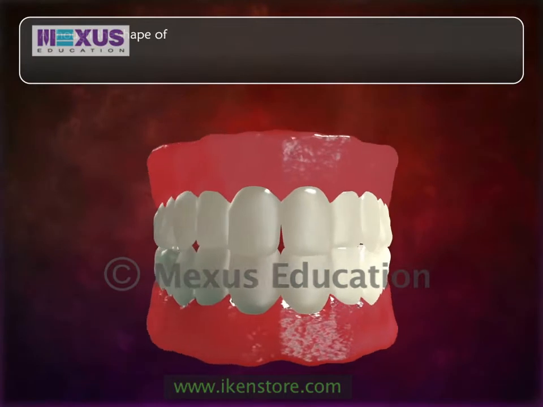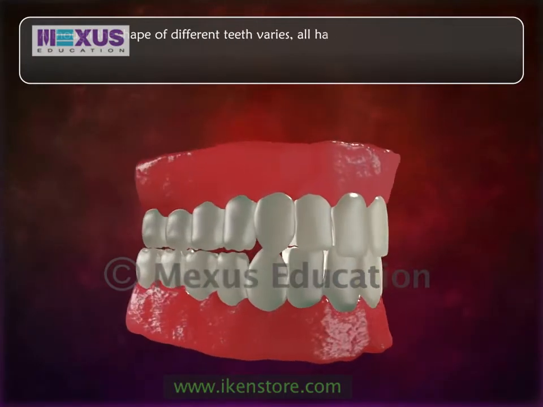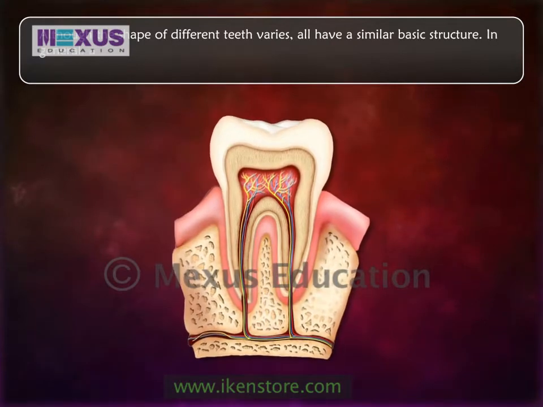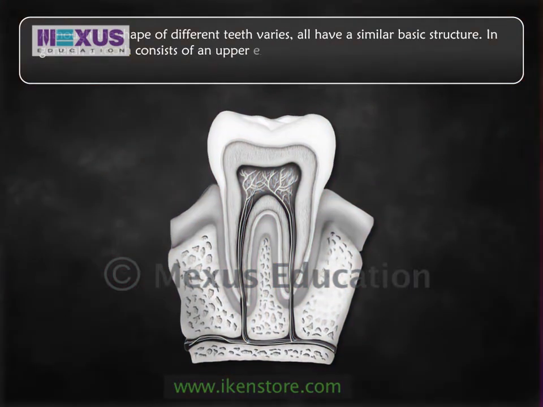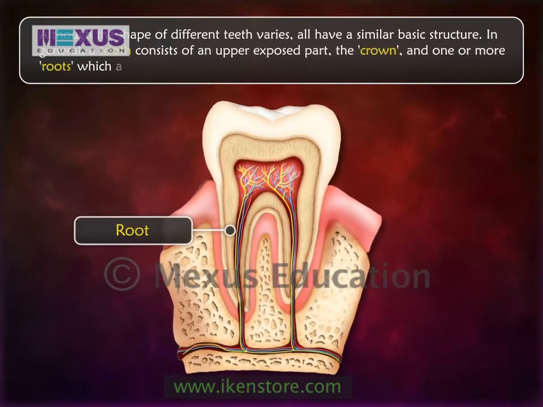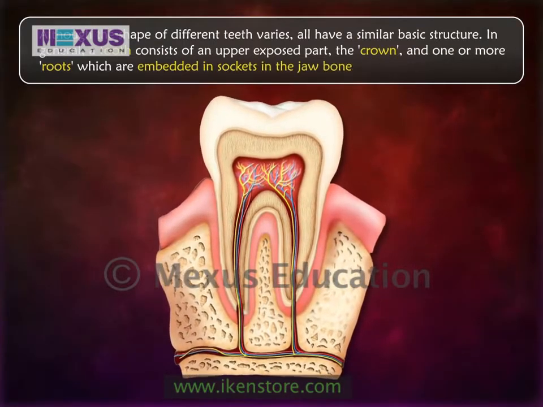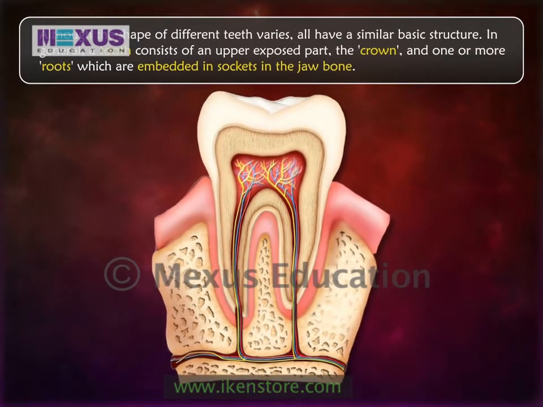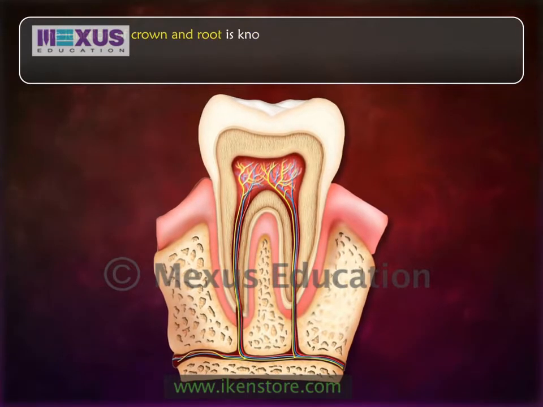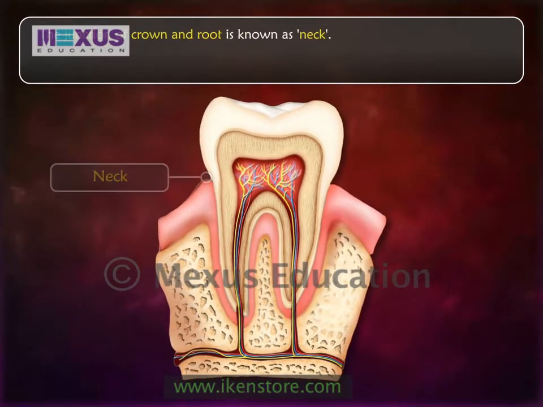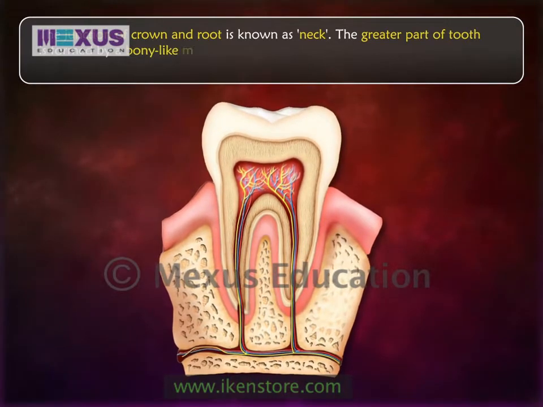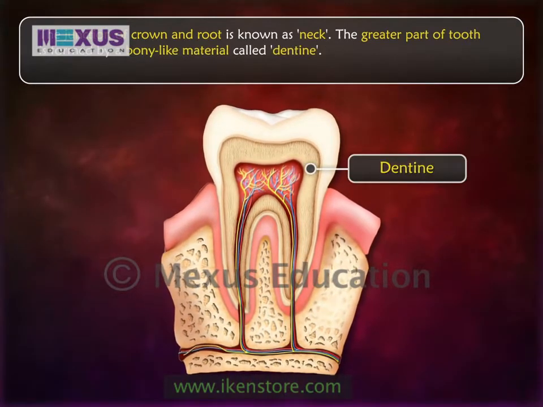Although the shape of different teeth varies, all have a similar basic structure. In general, a tooth consists of an upper exposed part, the crown, and one or more roots which are embedded in sockets in the jawbone. The junction of crown and root is known as the neck. The greater part of the tooth is formed by a bony-like material called dentin.